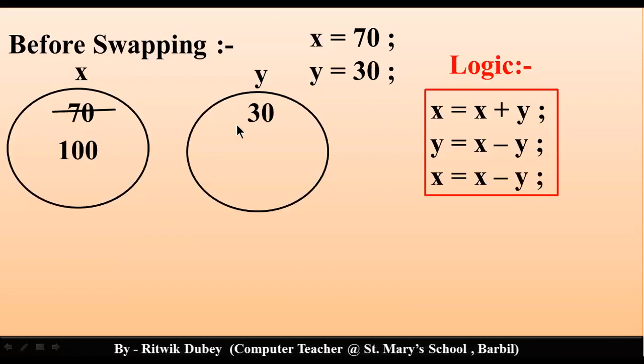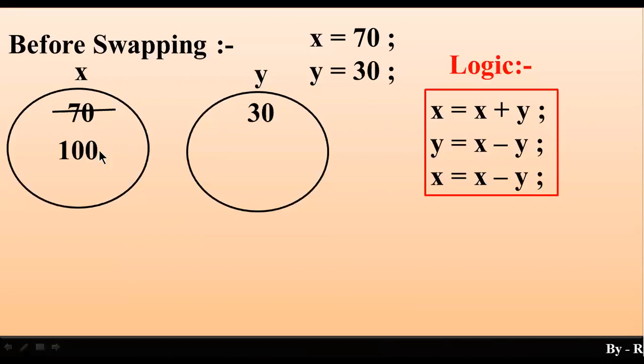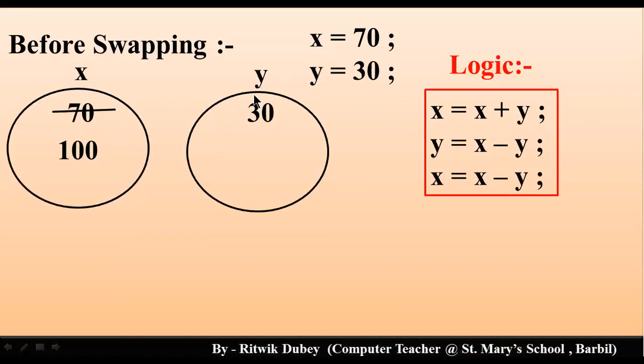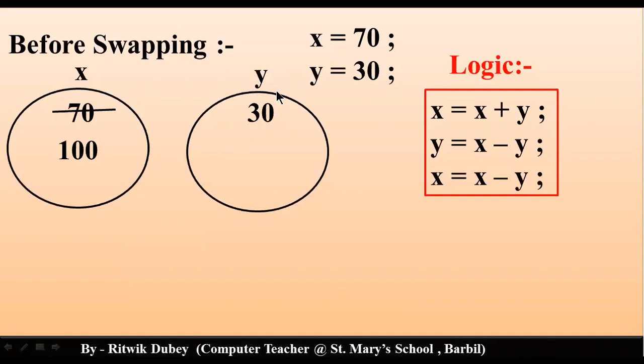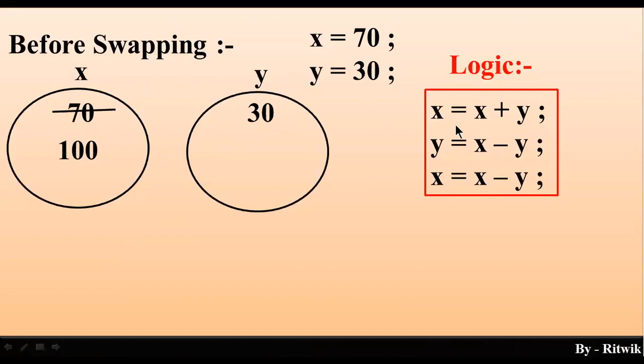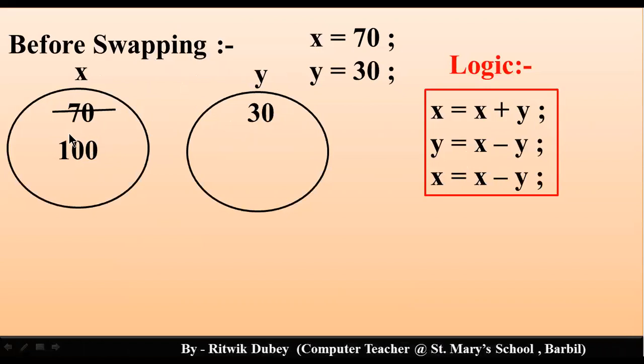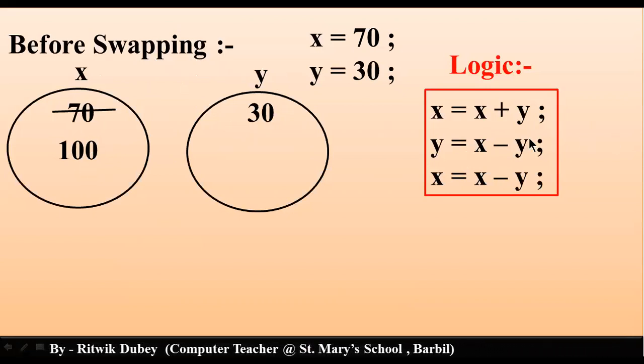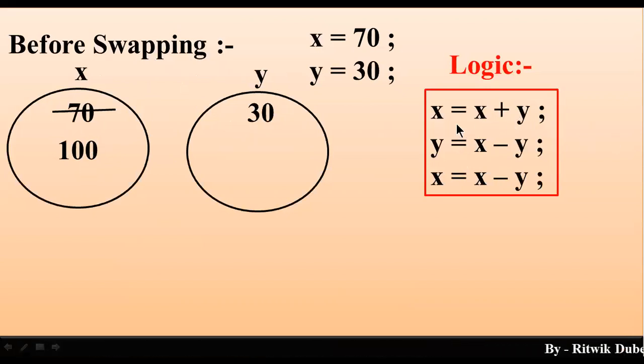100 minus 30 will be 70, guaranteed. Now 100, where is it stored? In x. Where is 30? In y. So 100 minus 30 means x minus y. Where to store? In y. That is the reason I have written x here. What is the current value of x in the second line? 100, it is not 70. Because of the first line, the value of x has changed.